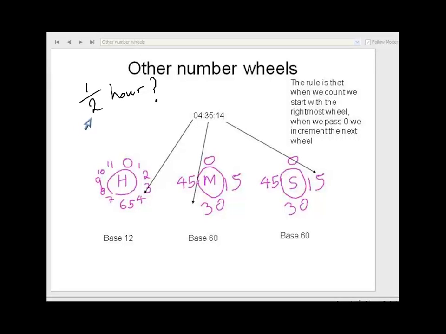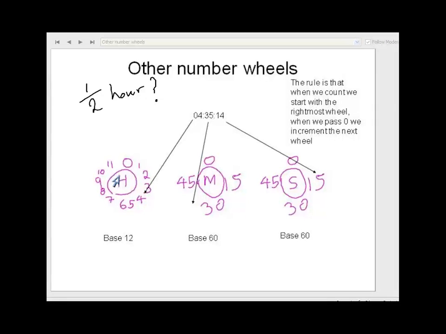So what you've done is you've taken the base 10 and you've used that to convert the base 12 number, which you've realized is actually half of an hour is half of the base 60 number, which is 30. You've added 30 to the base 60 number, and then it's gone round the end and ended up at the 5. And then this hour one was incremented by 1.